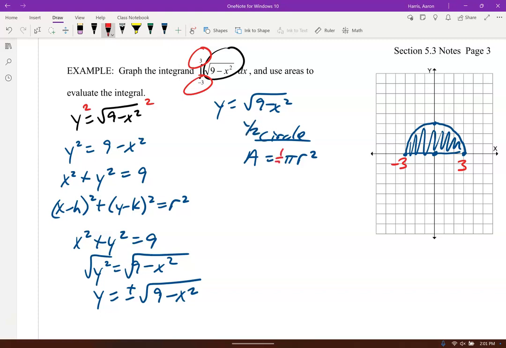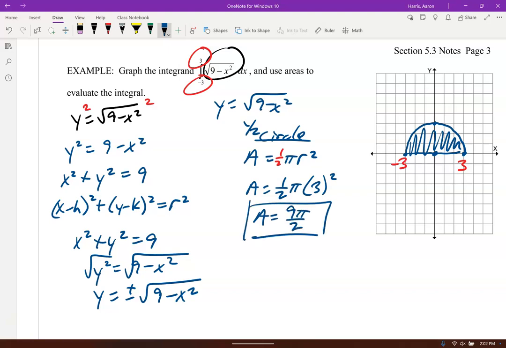So we only have half that area. So this area just ends up being 1/2 pi times the radius, which is 3, squared. So my area is 9 pi over 2 units squared. That would be the exact area.